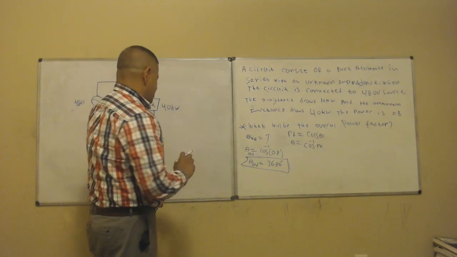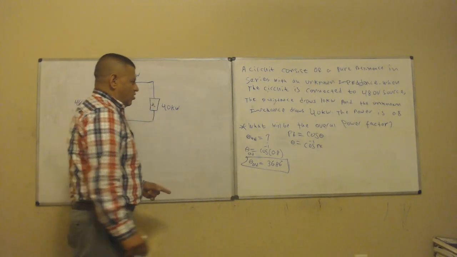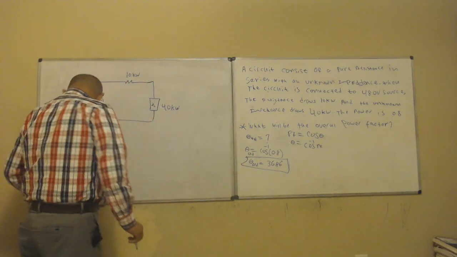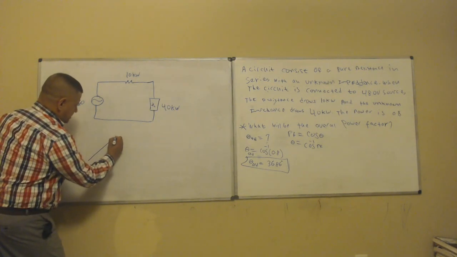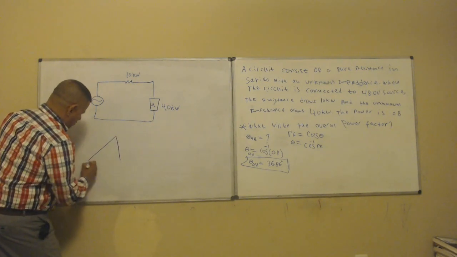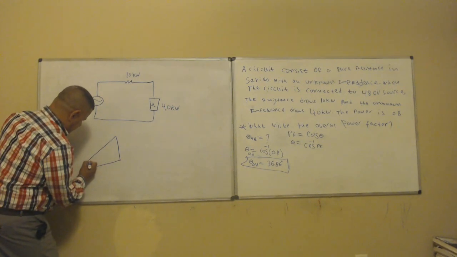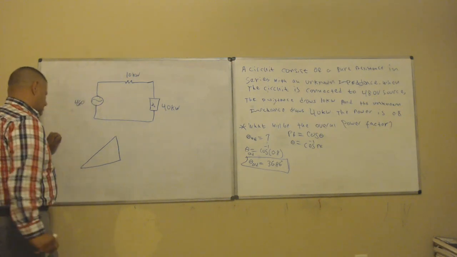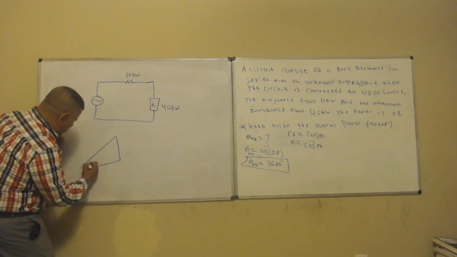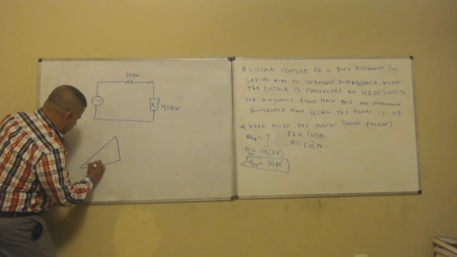Now, what we can do is draw a little power triangle. So let's say this is what we're looking at. We have the angle, 36.86 degrees.